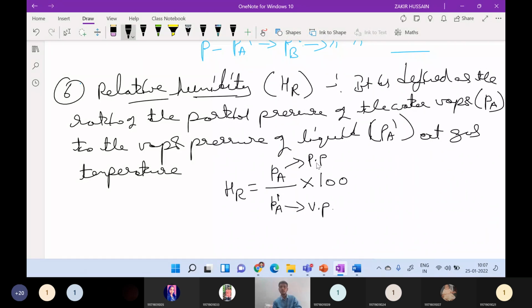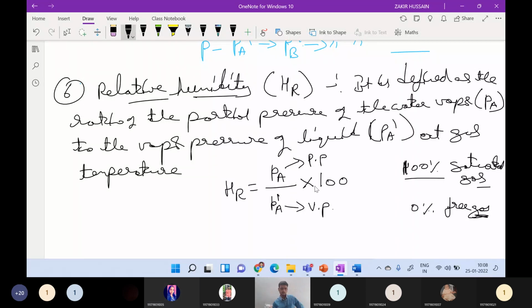If HR is 100%, it means saturated gas: the gas is already saturated with water vapor. 0% means there is no water vapor inside the gas, so that is called a free gas. Is that clear?